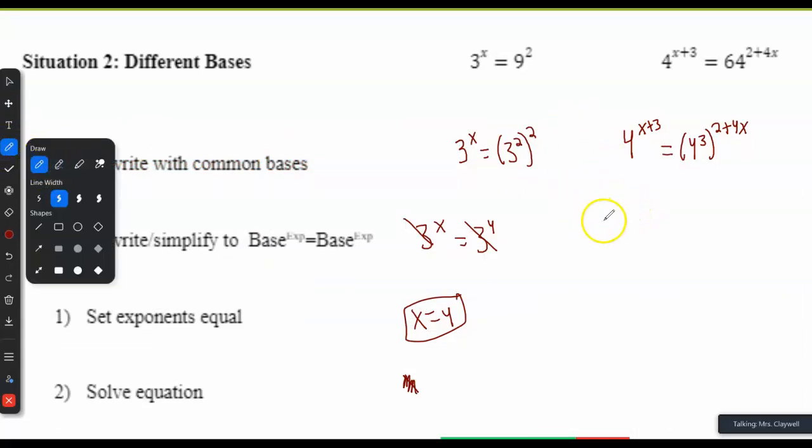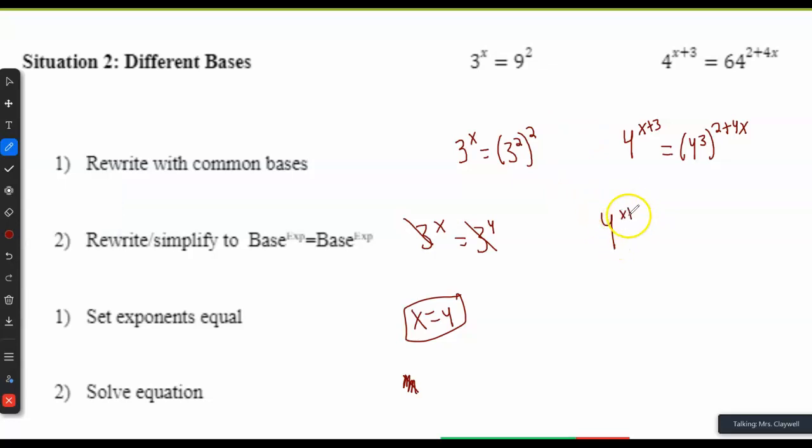If I remember my power rules, this is 4 to the x plus 3, and then I multiply my exponents. So set the exponents equal: x plus 3 equals 3 times 2 plus 4x.